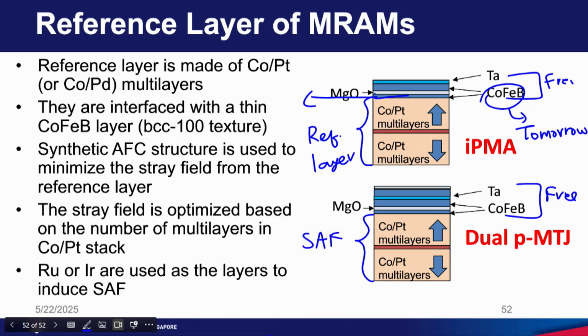We learnt about this synthetic antiferromagnetic structure. The two magnetizations are pointing in antiparallel direction. So this helps to reduce stray magnetic field from the reference layer.